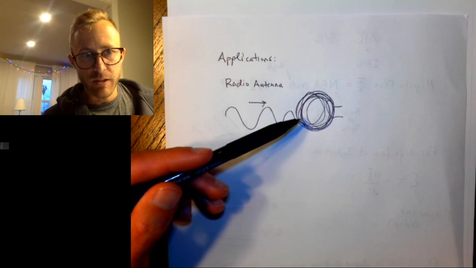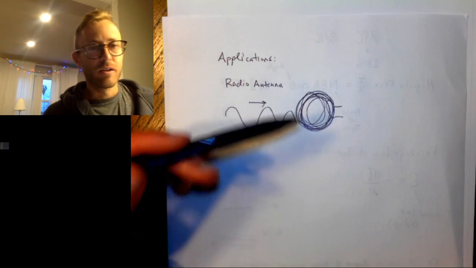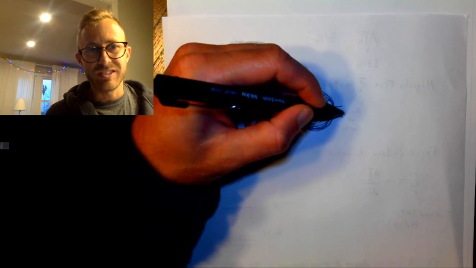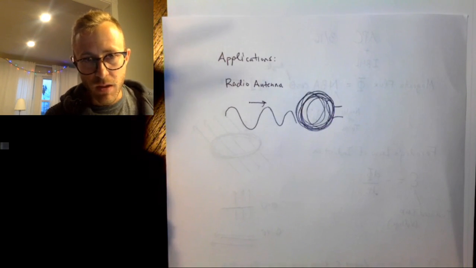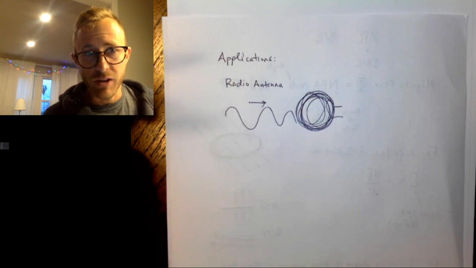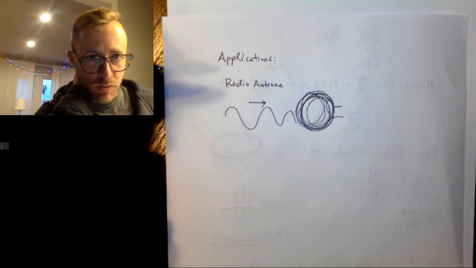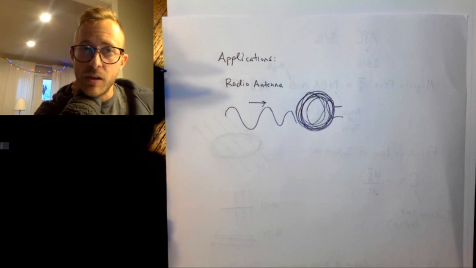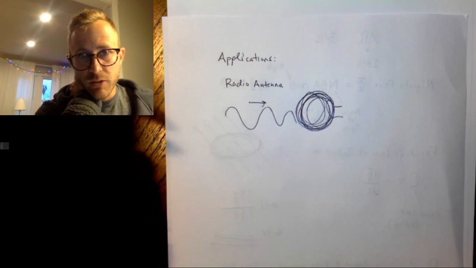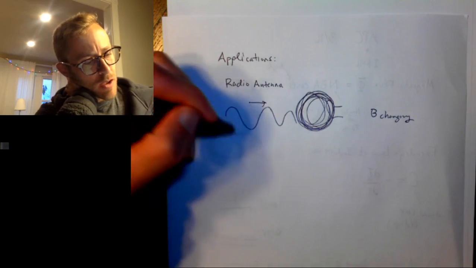That changing magnetic field creates a flux that's changing with time. That creates an induced voltage. And then that voltage is amplified, which is how the radio works. They amplify that signal, they process it, and they turn it into music or communication or whatever. So that's one application of this. The magnetic field is what is changing as time goes on.